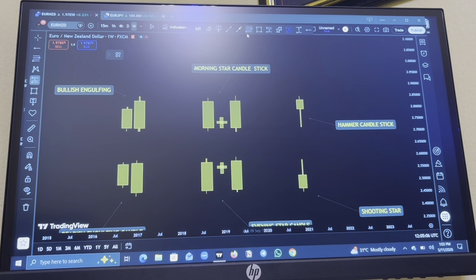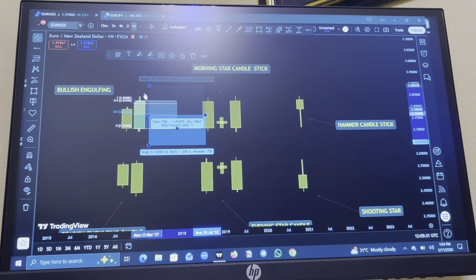Now let's use our fib tool and mark out the 50% of the body. This ray line you're seeing like this is the 50%. If you are using a buy order, you have to place your limit around here, right? Once your limit is around this side, you wait for the market to come back and retrace that 50%.